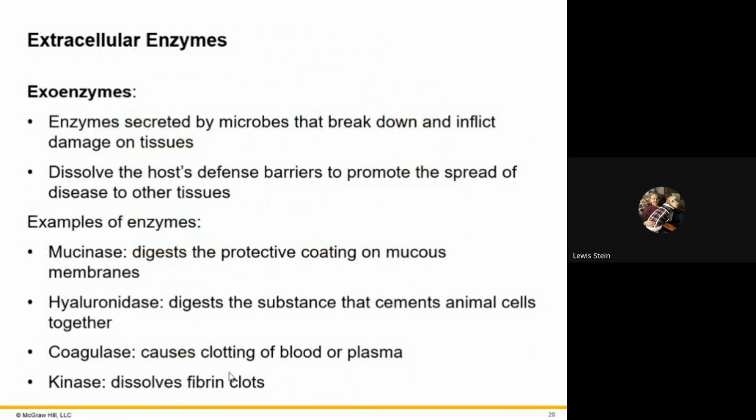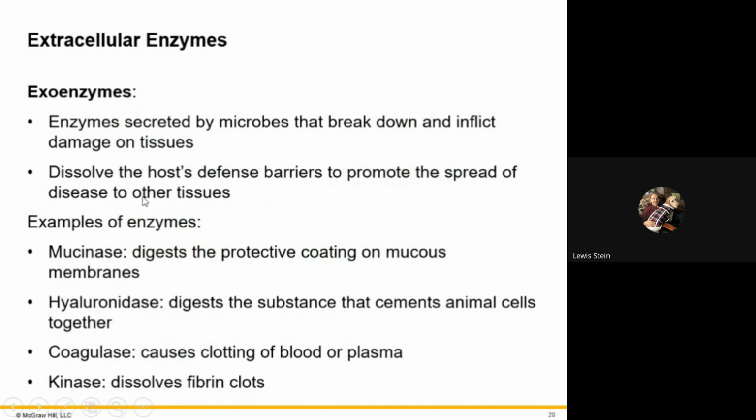When we talk about enzymes, there are different ones. When we talk about exoenzymes, enzymes that are made and given off, secreted by the microbes, they break down and inflict damage. They dissolve your barriers, lining cells, for instance, and promote the spread to other tissues. They are big players.